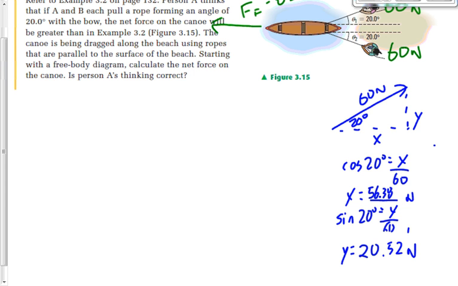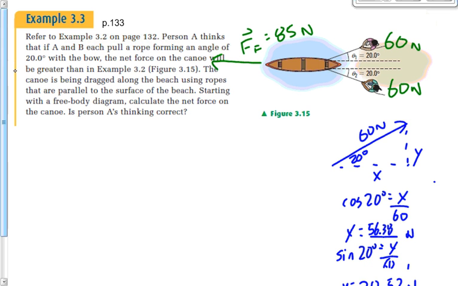Now, that's going to be the same for both of these because it's the same force and it's the same angle, right? What do you think we're going to do with it at this point? Yeah, we're going to add them, but we've got forces in 2 dimensions now. So let's add them with x and y components.